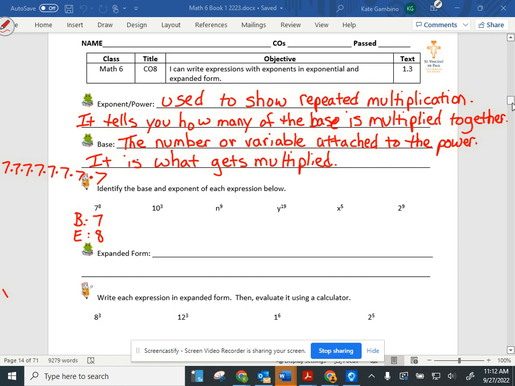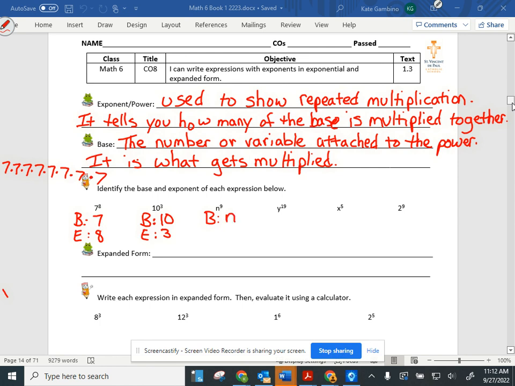Let's look at our next one. What is our base? I know Jillian knows. Who else knows? Aiden? 10. What is our exponent? Matthew? 3. Our next one, what is our base? N. It's that variable.